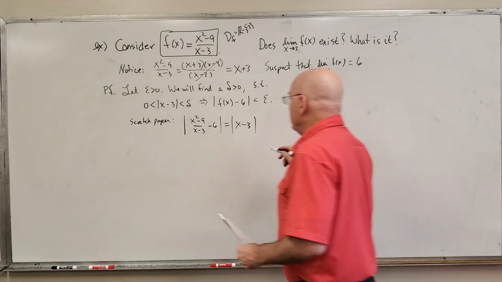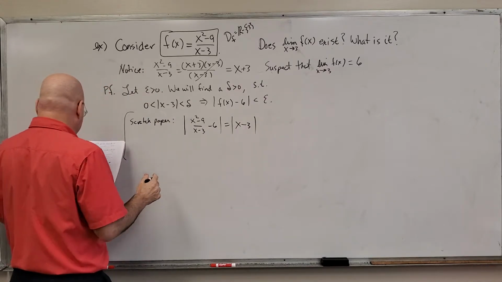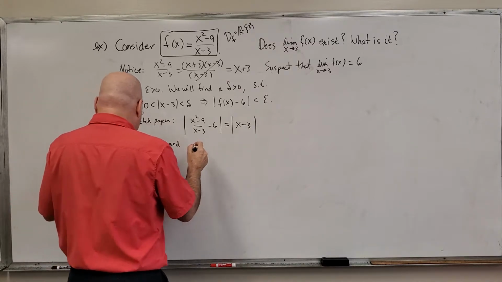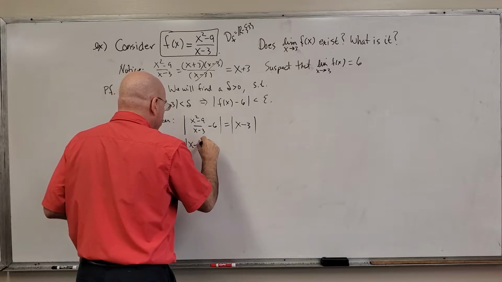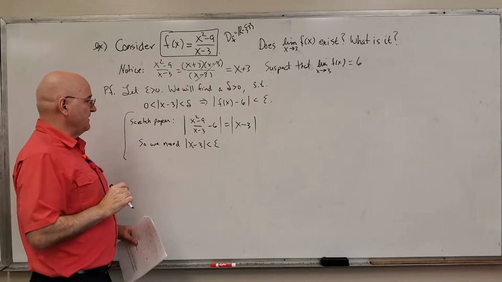Again, this is my scratch paper, not necessarily part of the formal proof. So we need a delta. We need the absolute value of x minus 3 to be less than delta, and I need to find the delta that will make that work.